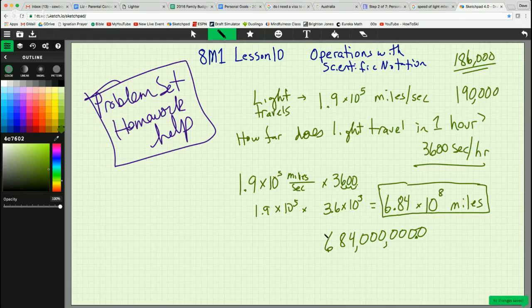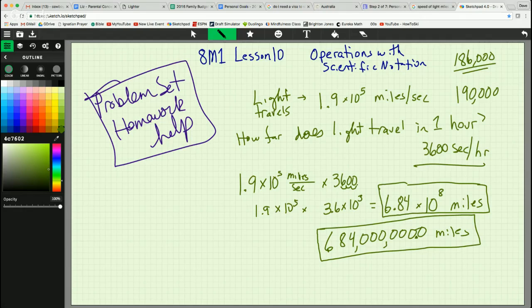Wow. In 1 hour, light goes 684 million miles in just an hour. That's a long way. If you started running right now, it would probably take you many lifetimes to get there, I would estimate.